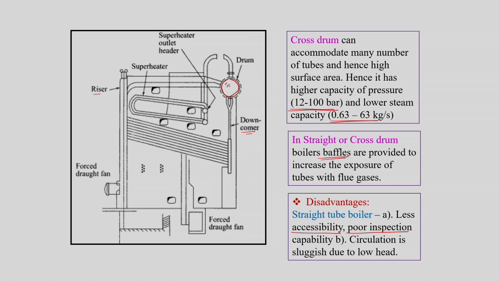In view of this, we have a new concept called bent tube boilers, and these boilers have greater accessibility, better inspection is possible, and they can operate at a higher steam rate. An example is the Stirling boiler.